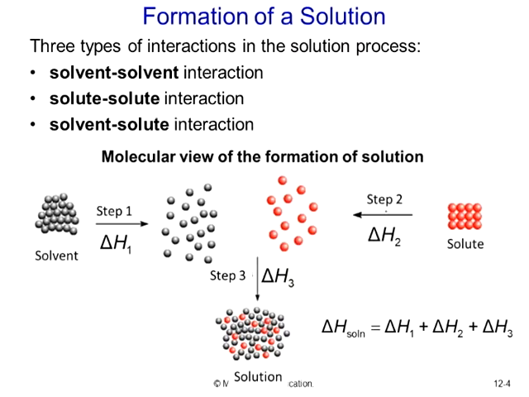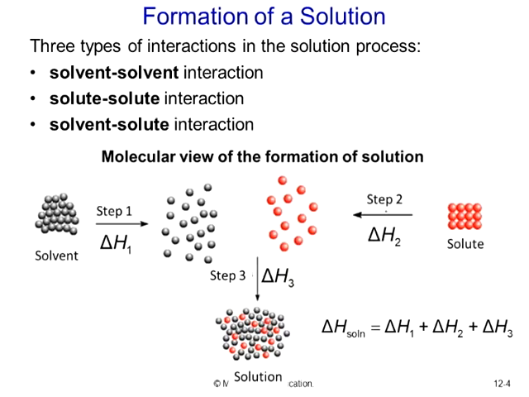In the first step, the delta H is where the solvent molecules must separate in order to receive the solute. The solute also separates so that it can be incorporated within the solvent.